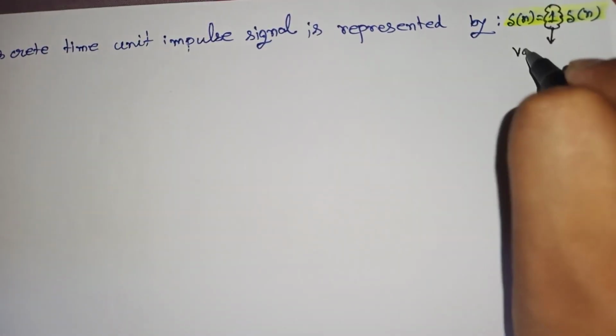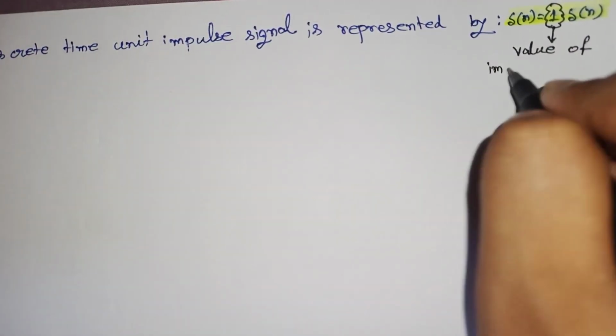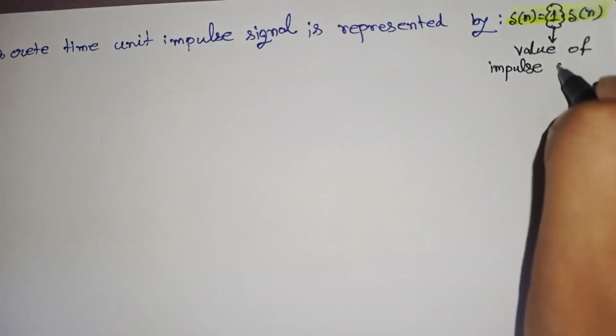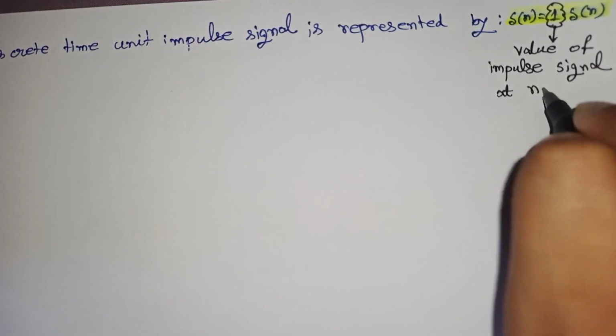This 1 represents the value of impulse signal at n equals to 0.